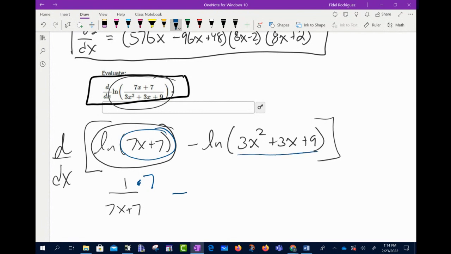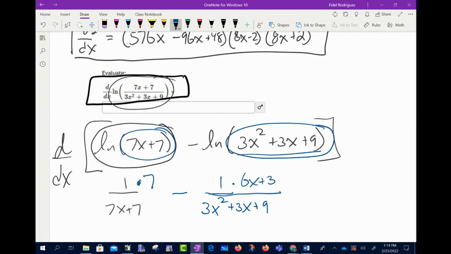Minus, same thing here, 1 over 3x squared plus 3x plus 9 times the derivative of what we have, again, inside. So what's the derivative of 3x squared plus 3x plus 9? There you go.